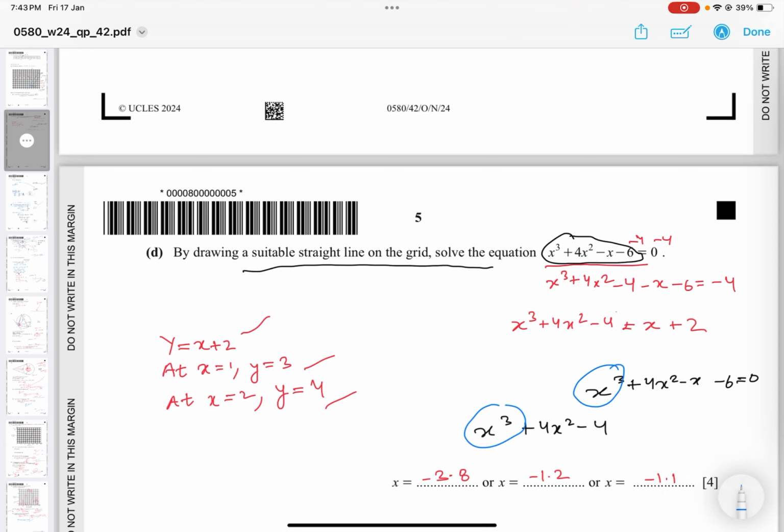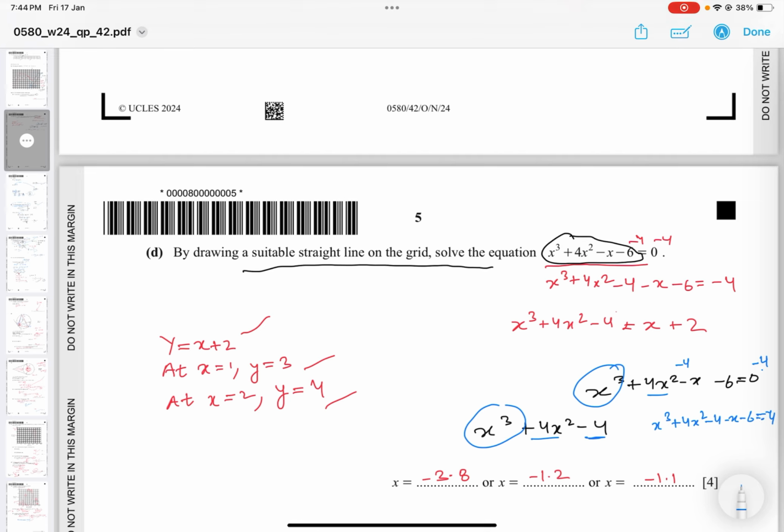This one and this one are same. This one and this one are same. Rest, I don't have negative 4 over here. So what I will do is subtract from the left hand side and I will subtract 4 from the right hand side. Yes, I can do the same operation on both sides. So it would be x cube plus 4x square minus 4 minus x minus 6 equals minus 4.